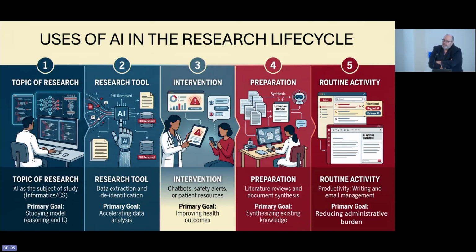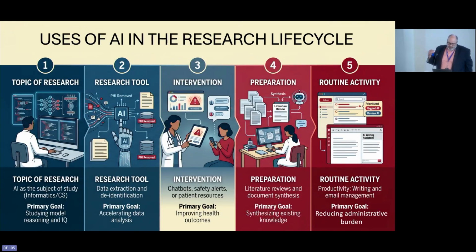I knew that, but the fact that the AI could pick out that trending in a very particular research area that's sort of niche, tells me that it has the capability to look at trends. You could pull articles and ask AI what are the gaps in the research right now. So the preparation. And then routine activity are the things that we do day to day as researchers, but everybody else does them too.